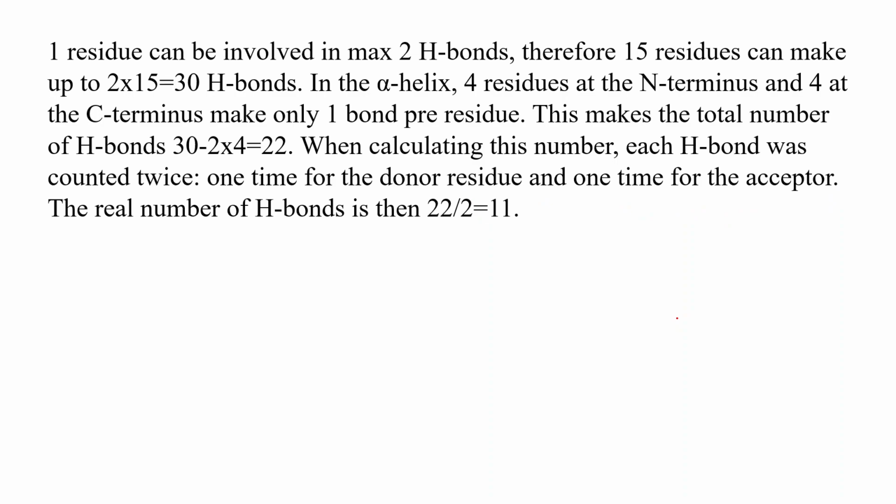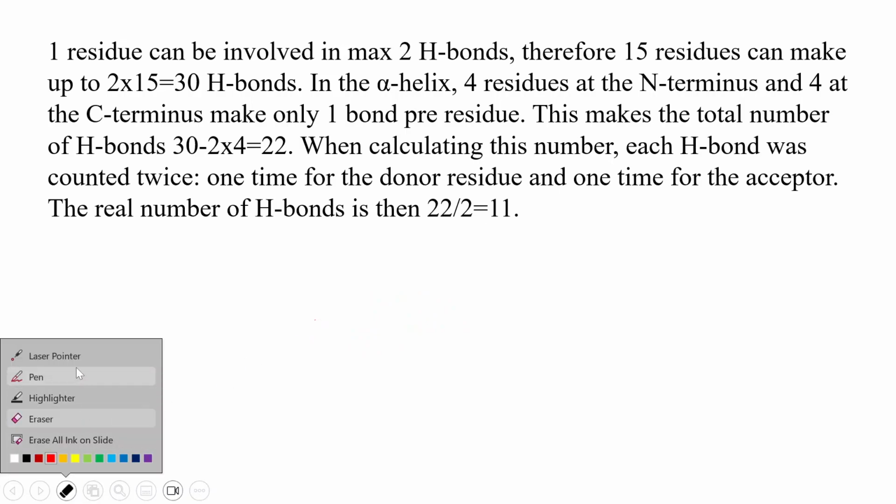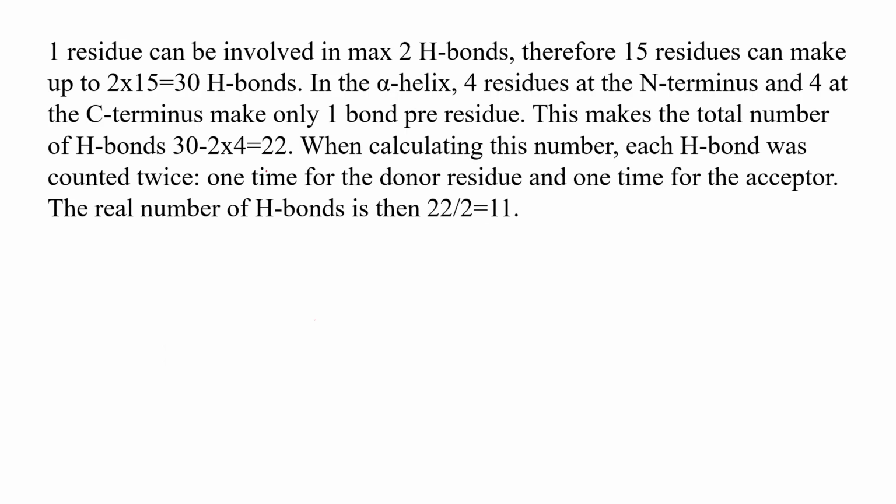So 15 residues can make up to 30, a maximum of two hydrogen bonds each, because the NH is making a hydrogen bond with C. Basically, we have the amino group making the hydrogen bond with the carboxylic group, and the carboxylic group making the hydrogen bond with the amino group, right?